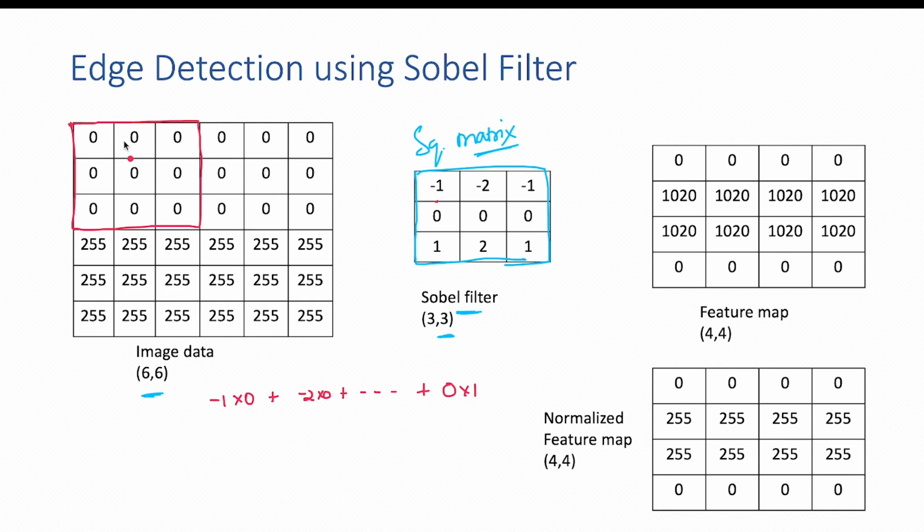Since all of these values within this particular patch or localized region are zeros, the result is also zero. If you observe here, the value associated with this convolution operation in the feature map is given as zero. Same is the case with all the subsequent convolution operations till you exhaust all of these localized regions, right?